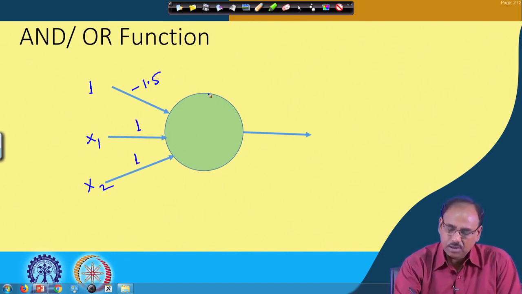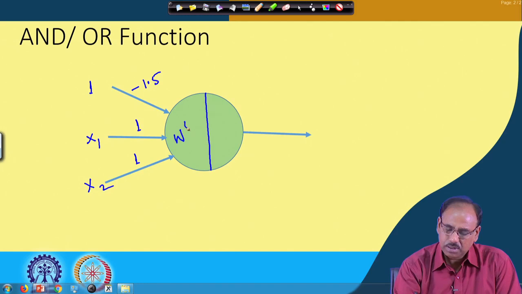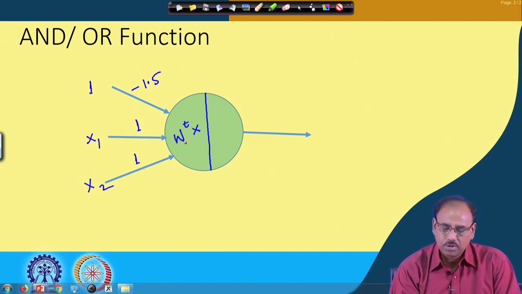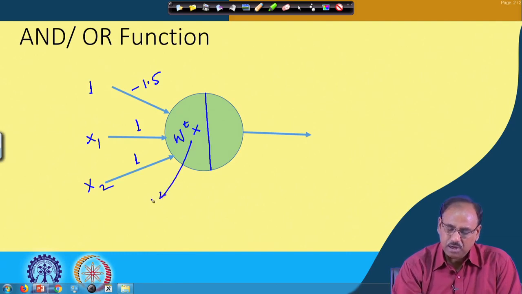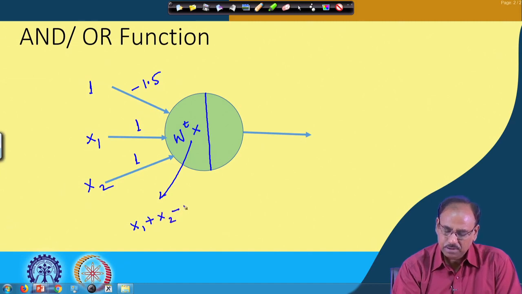The neuron has two functional parts. The first part computes W transpose X, which is W0, that is minus 1.5 times 1, plus 1 into x1 plus 1 into x2. So effectively the function computed is x1 plus x2 minus 1.5.